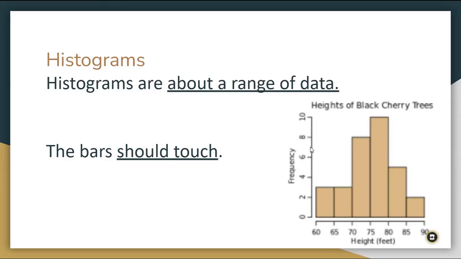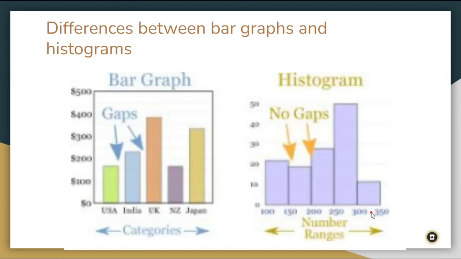So one thing that you will notice about histograms is that they are different from bar graphs. The bars on a histogram do touch. The bars on a regular bar graph do not touch. The other thing that you will notice is that at the bottom of our histograms, you will normally see a range of data.